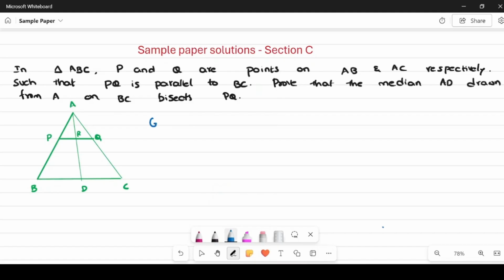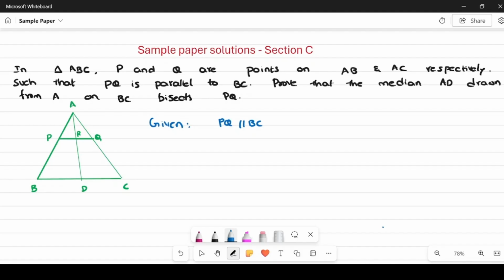See, what is the data we have? We have PQ parallel to BC, right? Since PQ is parallel to BC, from the basic proportionality theorem, what can we write? Since PQ is parallel to BC, P and Q divide AB and AC proportionately.